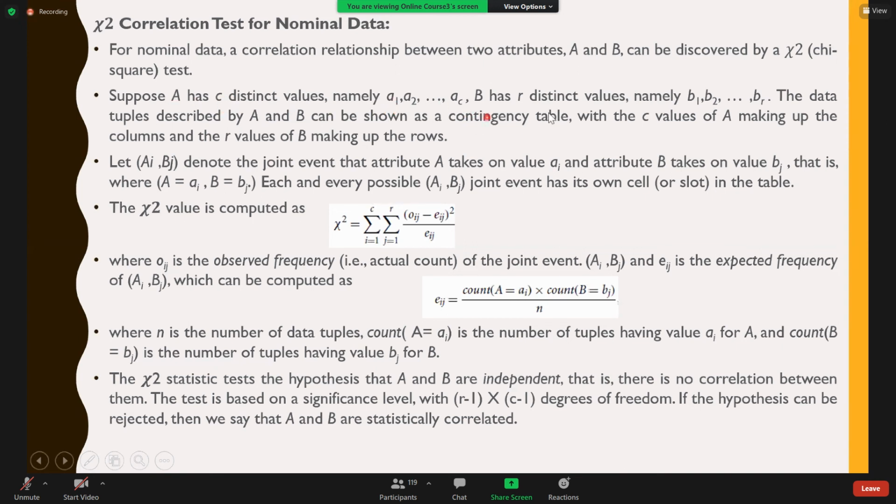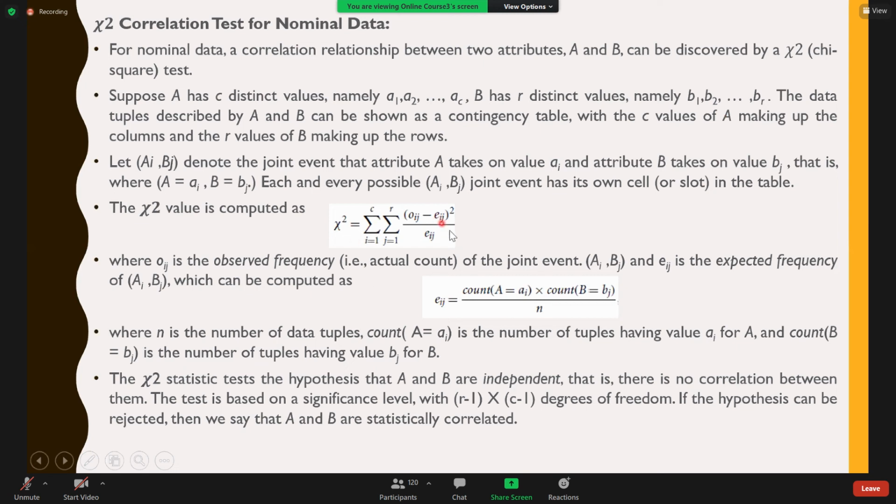And the possible values of B are given as R: B1, B2, and so on, up to BR. In our case, R is equal to 2, C is equal to 2. If you consider A as the gender and B as the preferred reading, attribute gender has only two values, so C is 2. And preferred reading also has two values, so R is 2.